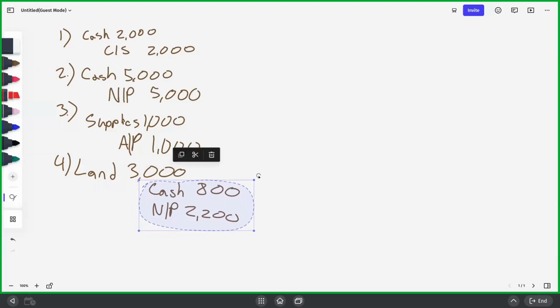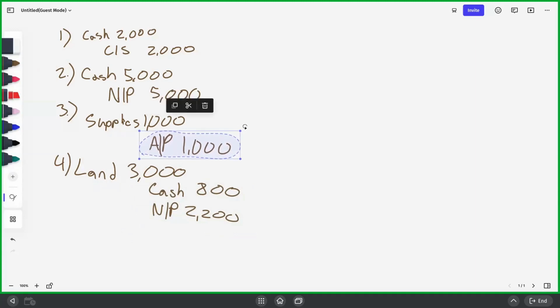I'm making this very obvious. It doesn't matter how many credits and debits there are as long as they equal. So there can be just one debit, which is land, and then multiple credits, but as long as that equals the debit, it's all good. There could also be multiple debits. Let's say I went on a shopping spree today.